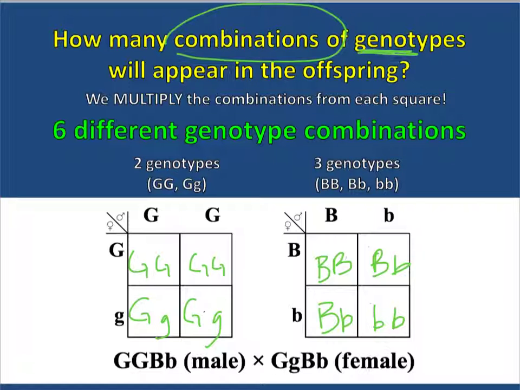You're looking for genotypes, so you're going to do kind of a checklist. You're going to have a big, a big little, or a little.